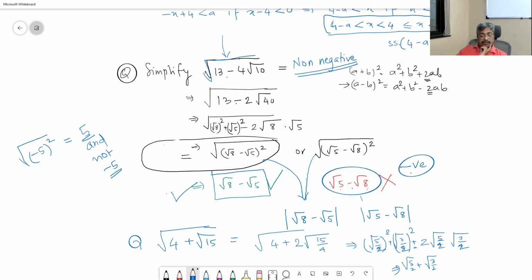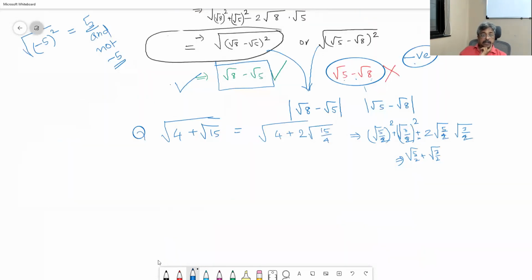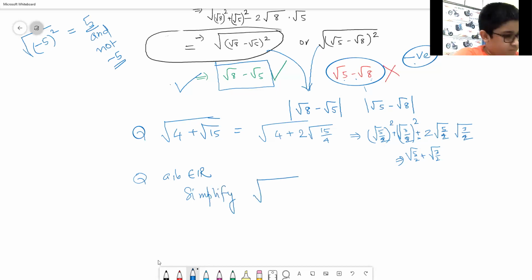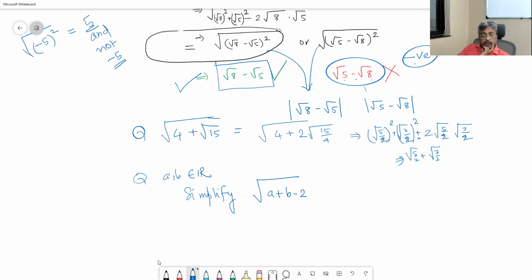Okay, now let me see if you can solve this. A and B are real numbers. Simplify radical of A plus B minus 2 root AB.